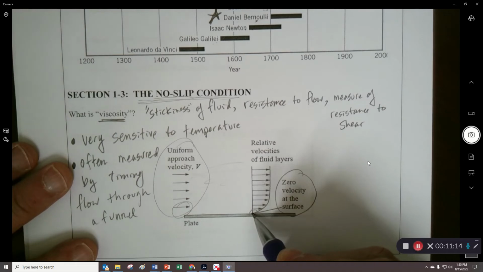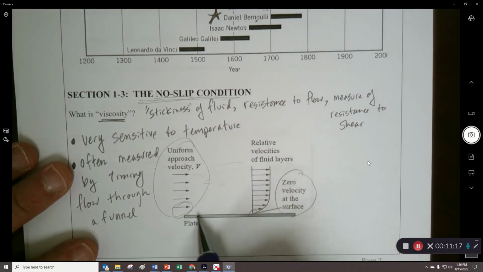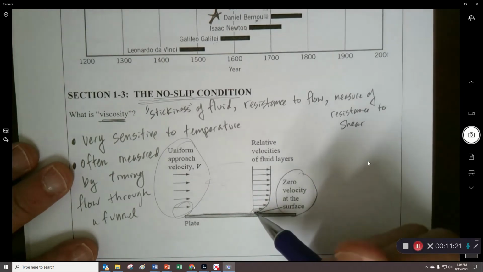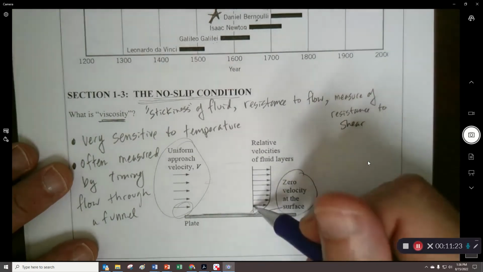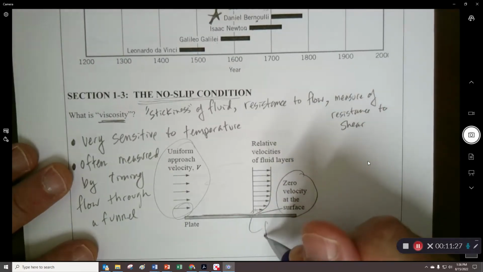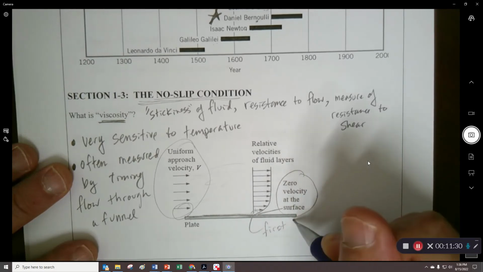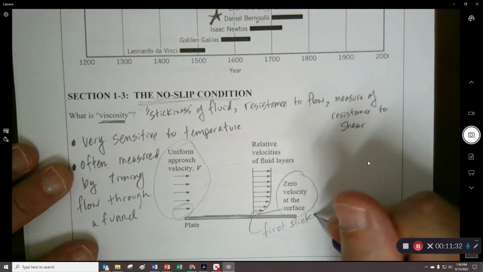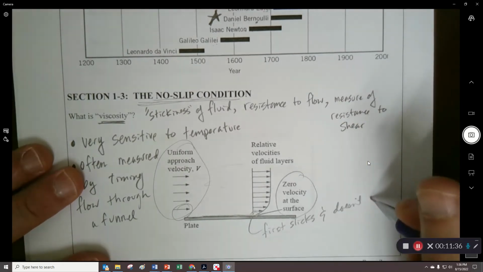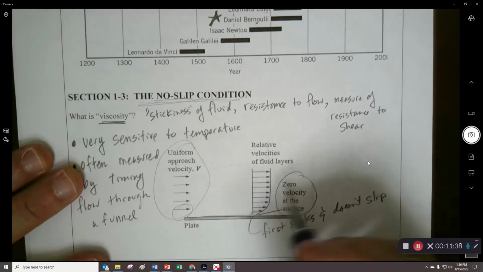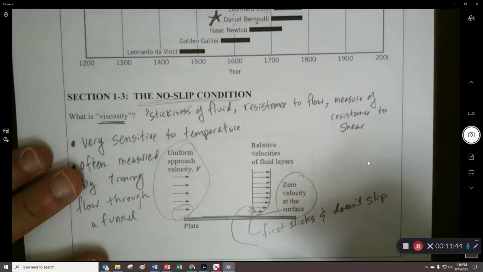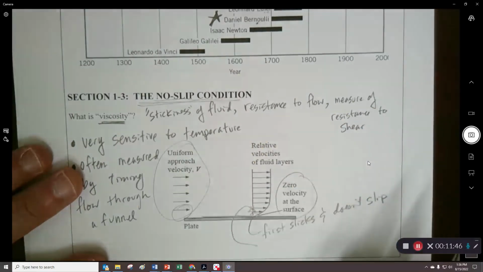He's like stuck to the plate. This is like the wetted area. But this is the wetted location, and so the first molecule sticks and doesn't slip. But the second molecule, you can't see it, right? This thing is not blown up big enough.